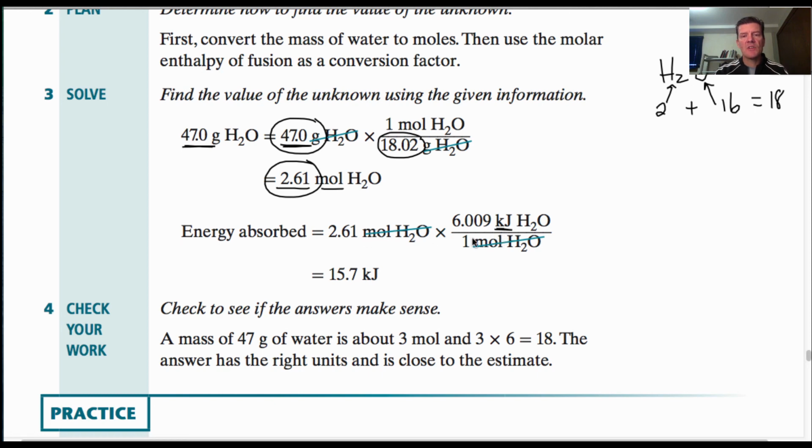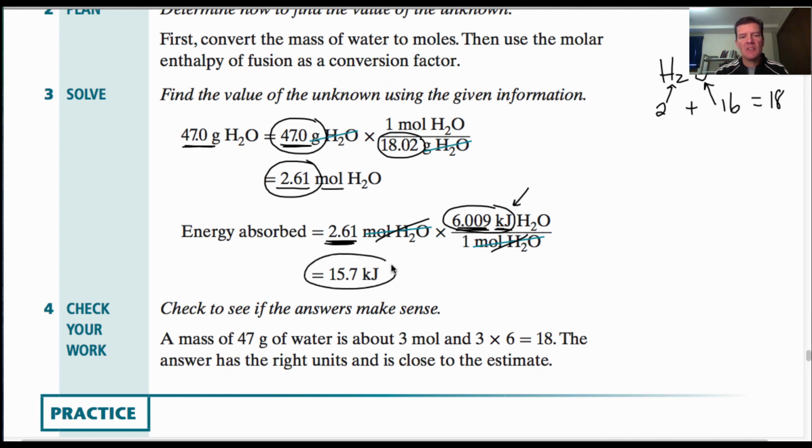So I'm going to multiply by 6.009 kilojoules per mole of water. The moles of water cancel, and I'm basically taking my 2.61 moles and multiplying by the amount of energy per mole. I don't just have 1 mole. I've got 2.61, so it's going to be 2.61 times the 6.009.